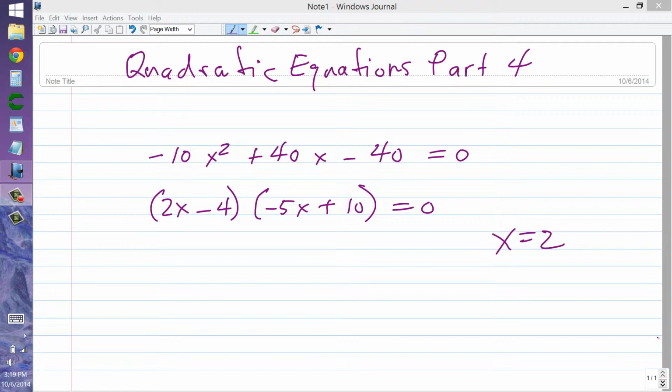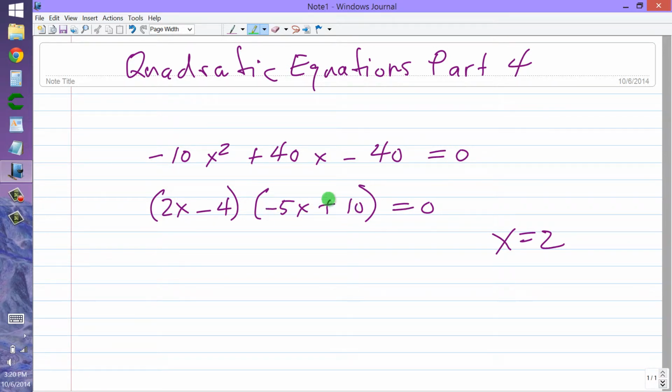You may remember from the second video in this series, the quadratic equation minus 10x squared plus 40x minus 40 equals 0. We started with these two factors and said, what if they're equal to 0 when you multiply them? These two binomial factors, 2x minus 4, that quantity, times minus 5x plus 10, that quantity equals 0.